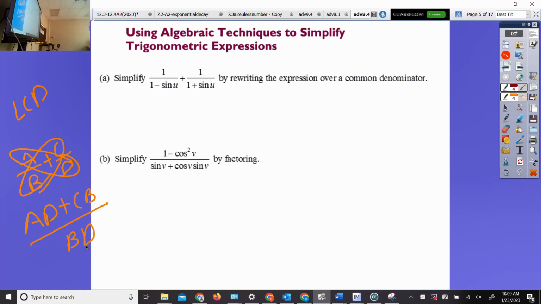So you add 2 fractions together. What you guys were usually taught was find the least common denominator, which is fine with numbers. These aren't numbers, okay? And that usually creates the LCD. It doesn't always, but it usually creates the LCD.